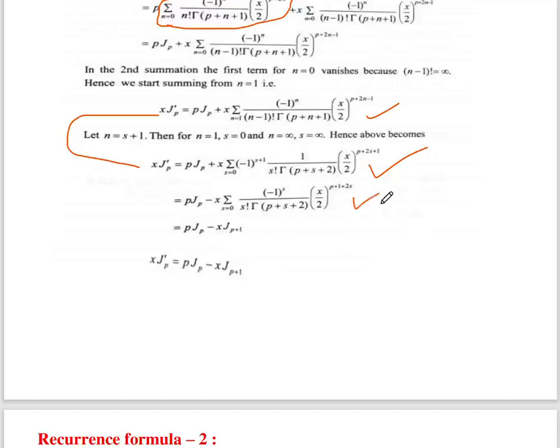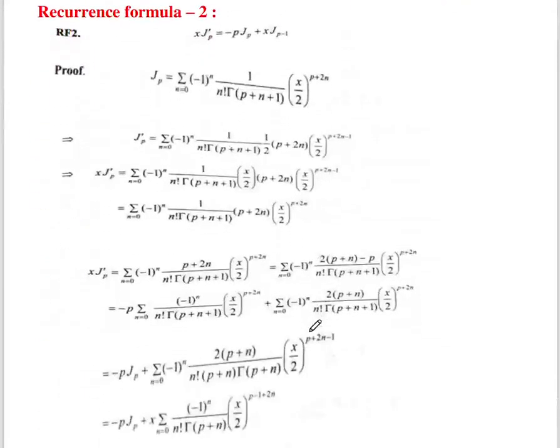We know that this is nothing but the term of J(p+1). So we can say the left-hand side equals the right-hand side, that is x J'p equals p Jp minus x J(p+1). Hence the result is proved. The first recurrence formula is proved. Now we will show the second recurrence formula.